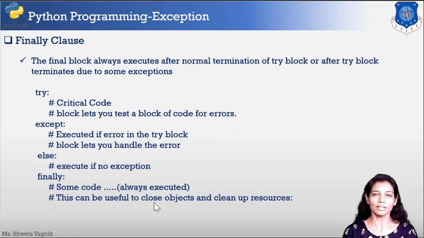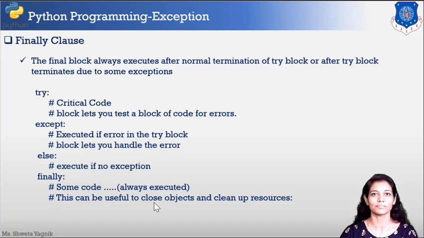Similarly here, if you are opening some file, and due to some exception you are not able to do the work, at the end you make sure that your file remains closed. You do not want to keep your resource occupied and open. That is where the finally block will help you out: whether an exception is generated or not, in both cases the finally block is going to get executed, and definitely you would like to close your resource in this block.